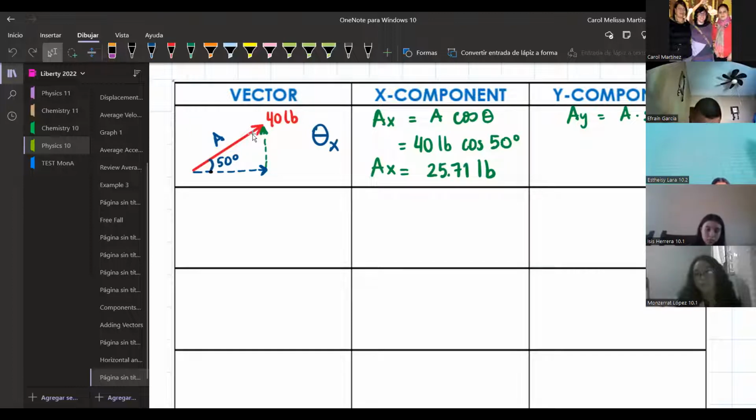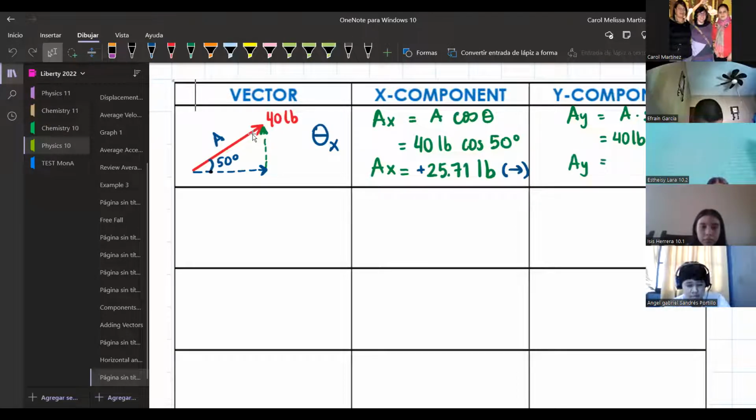In AY, therefore, it will be 40 pounds sine of the angle that is 50 degrees. How much did you get? 30.64 pounds. And we already defined that it's going upward. So upward is positive, both positive.